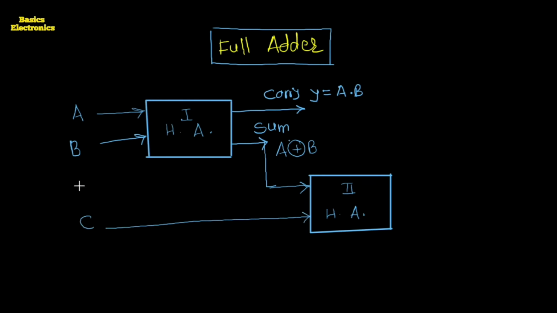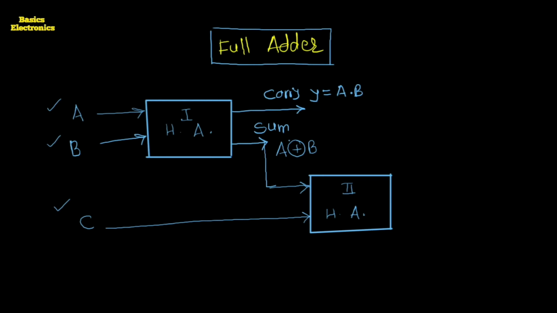So we have the addition of these three inputs: the A input, the B input, and the third input, which is C. Now the first half adder has two outputs. The first output is the carry, which is given by A dot B, and the second output is the sum, which is given by A XOR B. The second half adder has two inputs.